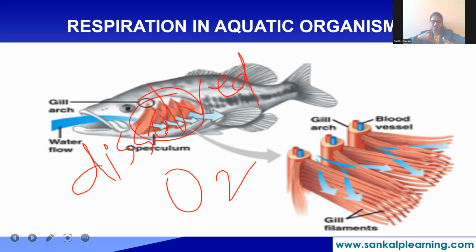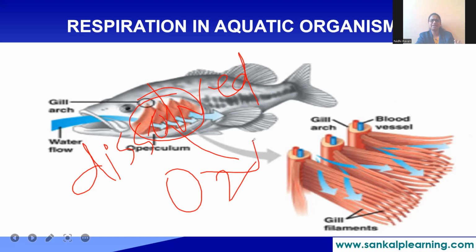That is, oxygen will go inside the body, and carbon dioxide will come back again with the water and move away through the operculum. Like this, carbon dioxide and oxygen are exchanged in the aquatic organism.